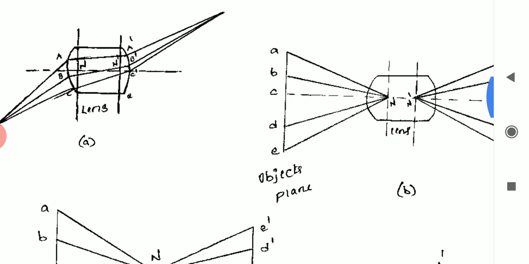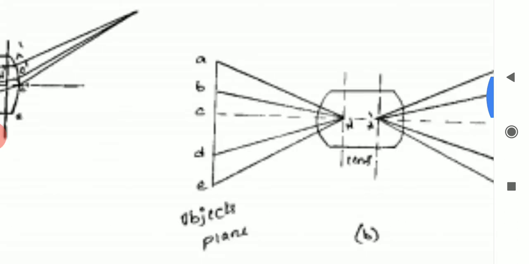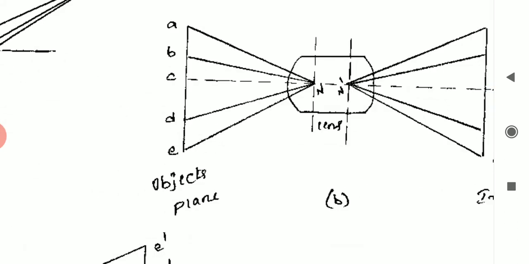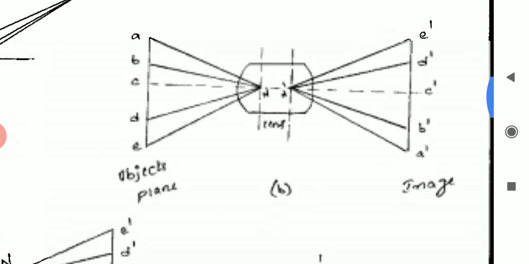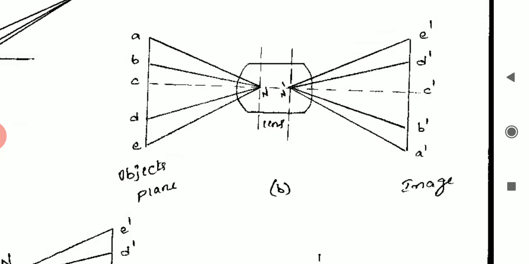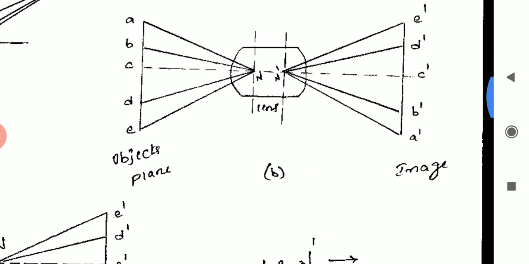So see here, in this object plane, once we see through the lens, the lens captures the image and it will be refracted to A dash, B dash, C dash, D dash, E dash.